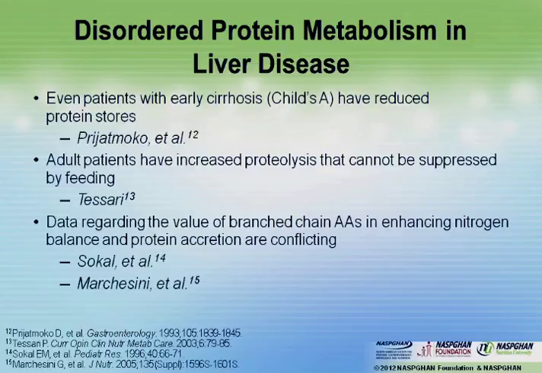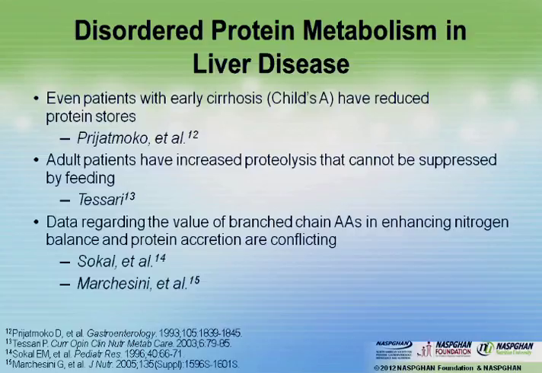And the branched-chain amino acids, in some studies, this is not Ron Sokol, this is Etienne Sokal from Belgium, who suggested that protein sparing can take place with branched-chain amino acids.